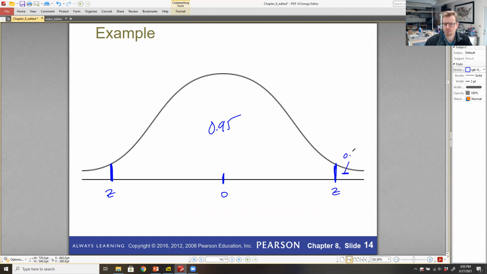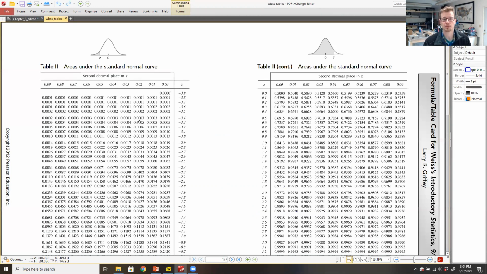This right here is 0.025, so what I'm looking for is z sub 0.025. To find that z value, we use table 2 from the appendix. We take 1 minus 0.025, which gives us 0.975, and we find the z value that has that area to the left. This is the area to the right, and this is the area to the left. We go to table 2 of the text and look for that area. I say, all right, well, these are all less than half.